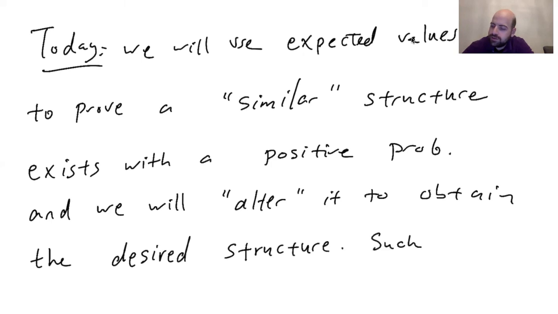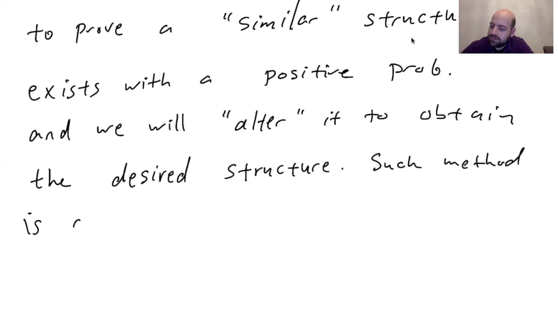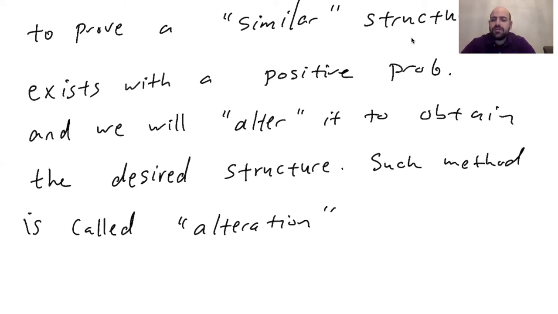Such a method is called alteration, because we are going to modify the structure after applying the probabilistic method, to get the structure that we need. So this is called alteration.